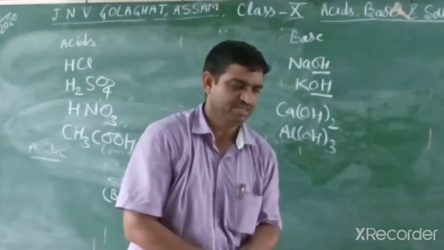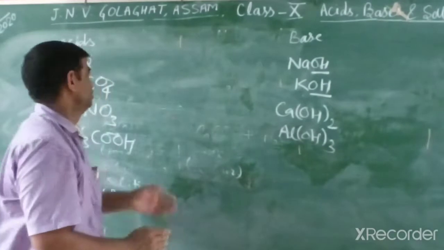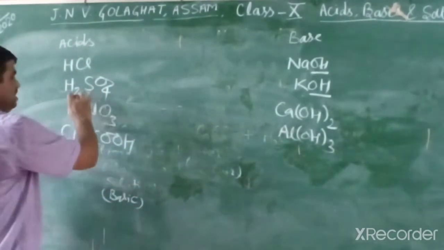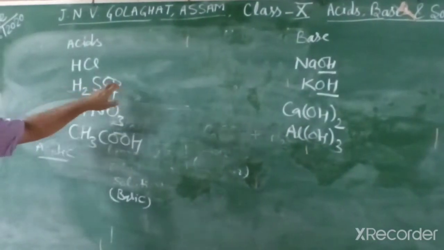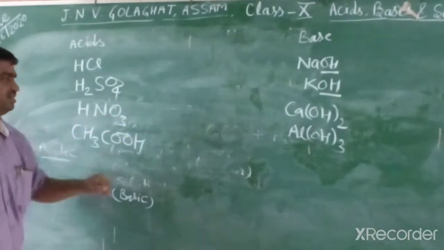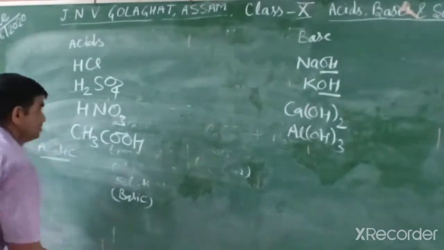What happens when we dissolve them in water? Then they dissociate into respective ions. HCl converts into hydrogen ion and chloride ion, sulfuric acid changes into hydrogen and sulfate ion, nitric acid changes into hydrogen and nitrate ion, and they provide different ions.